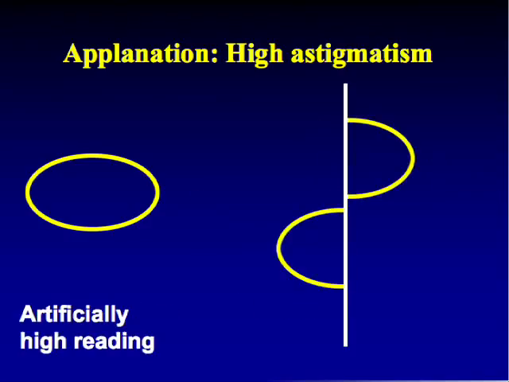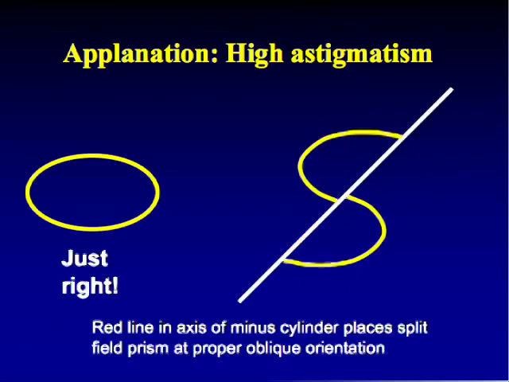Say you rotate the Applanation tip now 90 degrees and measure this way. It's like, oh, now that looks like it's not enough separation, so you're going to incorrectly dial up on the knob and get an artificially high reading in this meridian. Ah, there we go. Now we're oblique, and so this is the correct one. So if you can be oblique, then you get it just right.